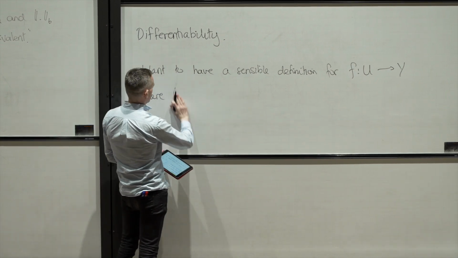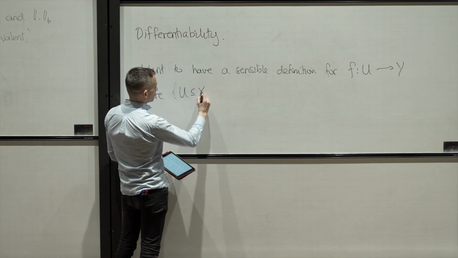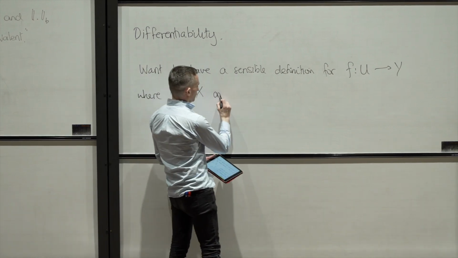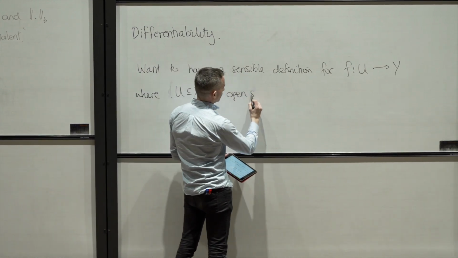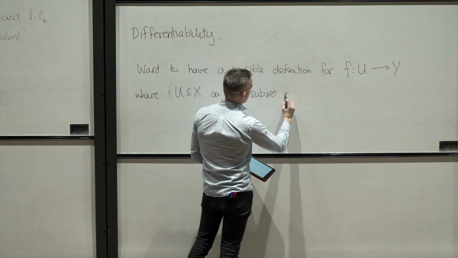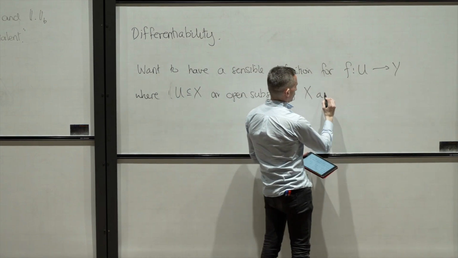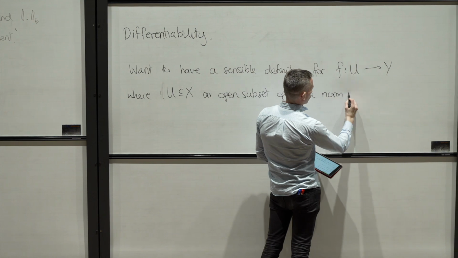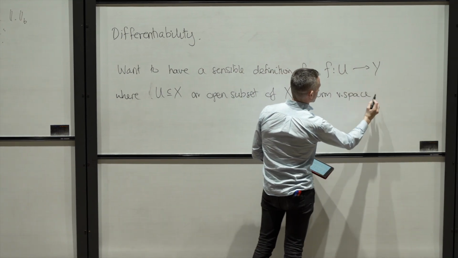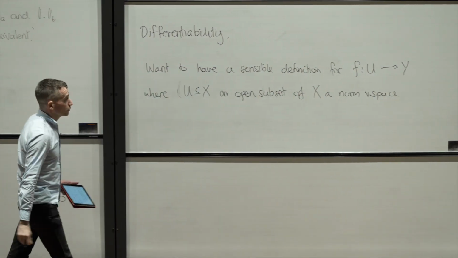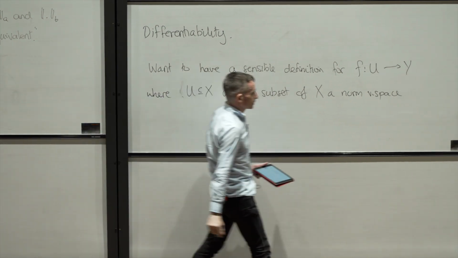So let's say U is an open subset, and X is a normed vector space in which U sits, and f is just some map from U to Y, where Y is another normed vector space.